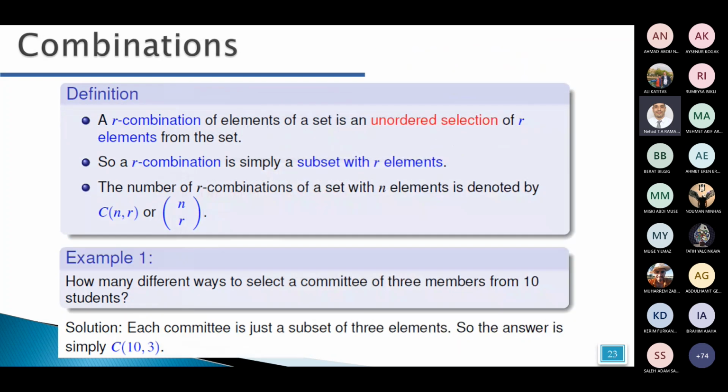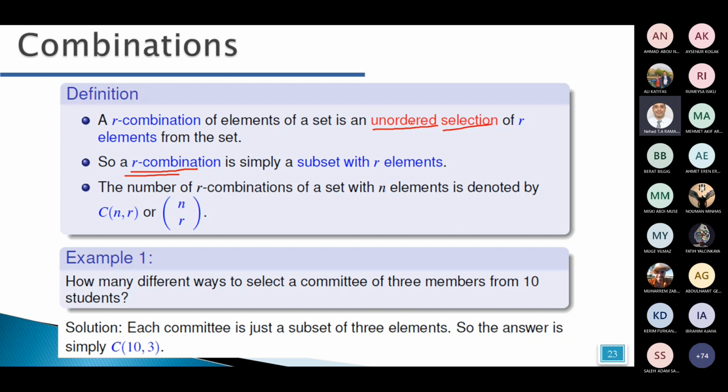now let's speak about combination. Combination is an unordered selection. So I need to select an R combination.